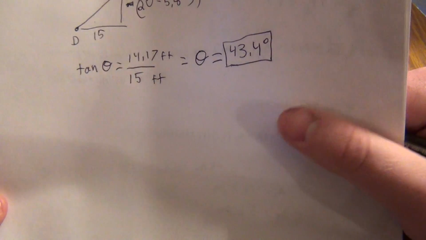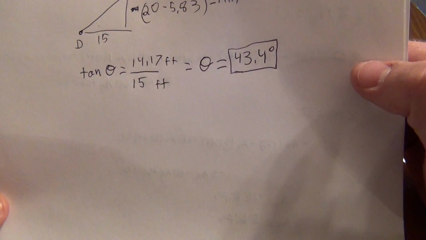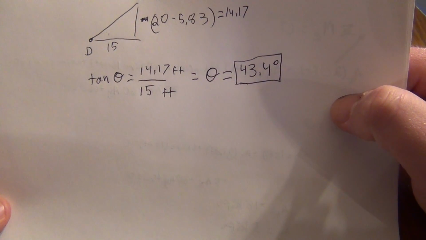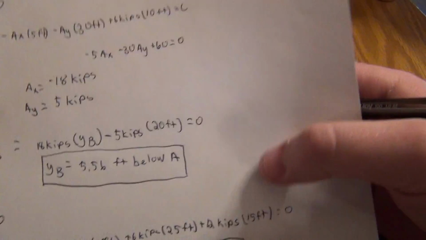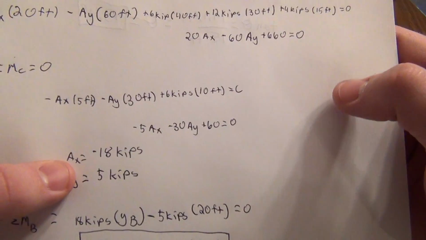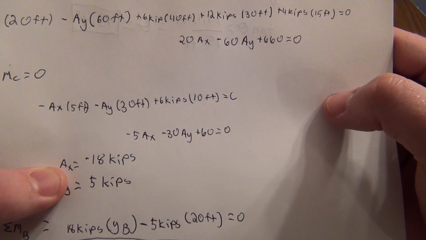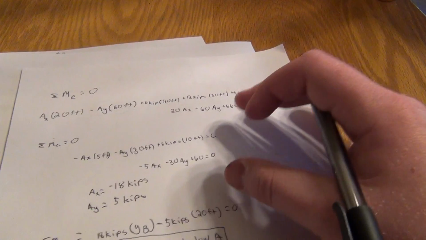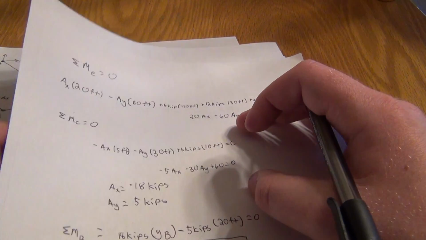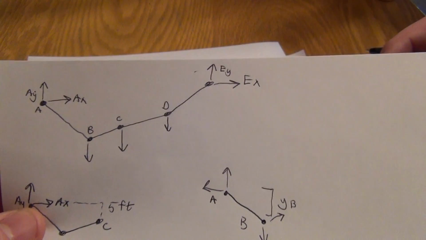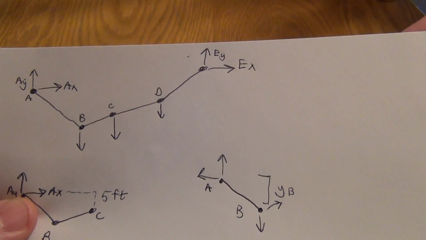So the second part of problem B is the max tension. So we know that in this problem AX is 18 kips. So that's a horizontal load of 18 kips to the right. Now looking at a free body diagram, there are only two horizontal components, AX and EX.